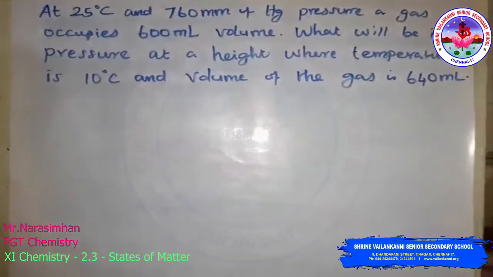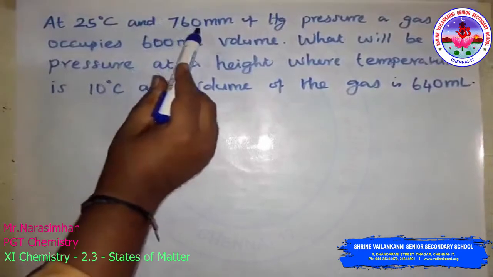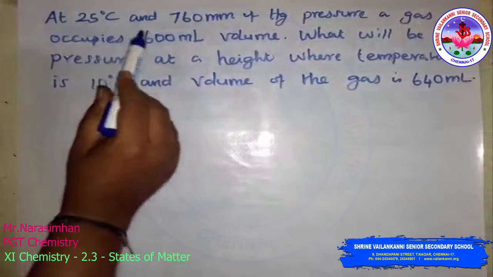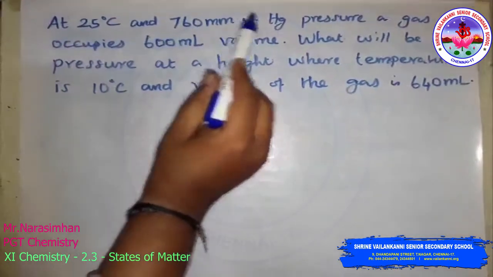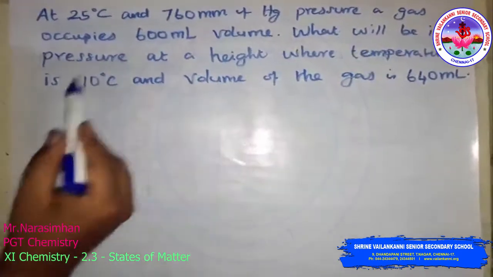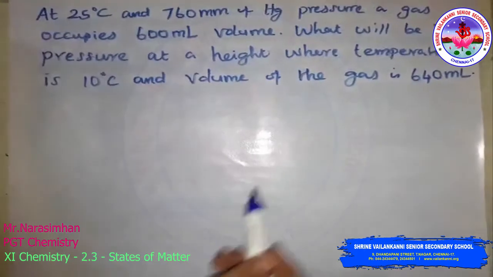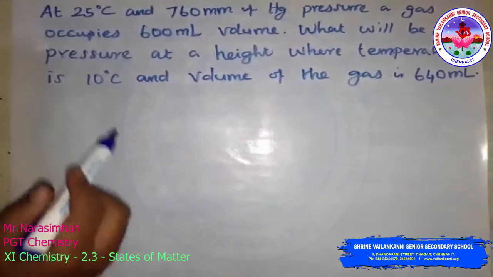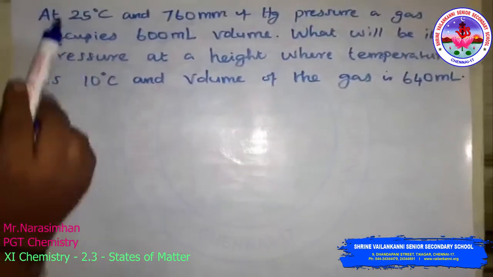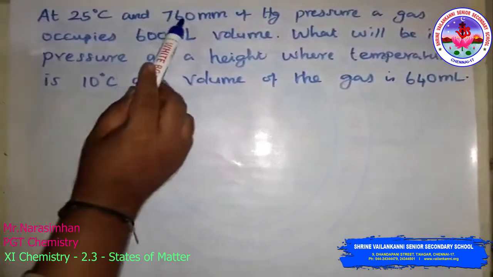Look at this problem. At 25 degrees Celsius and 760 millimeter of mercury pressure, a gas occupies 600 ml of volume. What will be its pressure at a height where the temperature is 10 degrees Celsius and the volume of the gas is 640 milliliter? So this is V1 and this is V2 and the temperature is T1, T2. Then the pressure P1 is given.